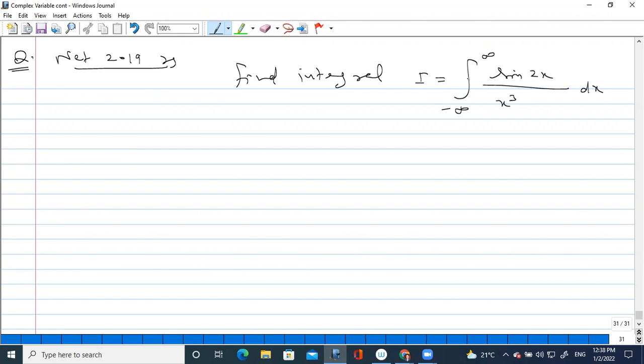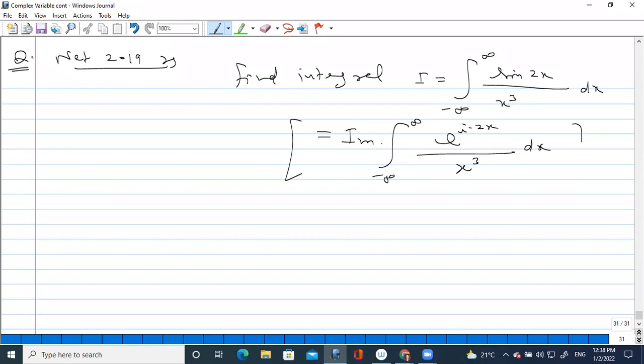So this was the problem, and this I can convert as the imaginary part of, because I told you if in the numerator sine or cos is there, you can convert into e to the power. So that will be easy to solve. So it will become the imaginary part of e to the power i into 2x divided by x cube dx. This is my problem now.